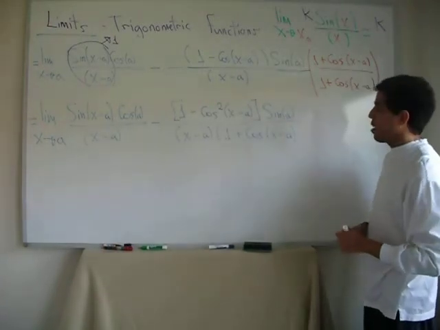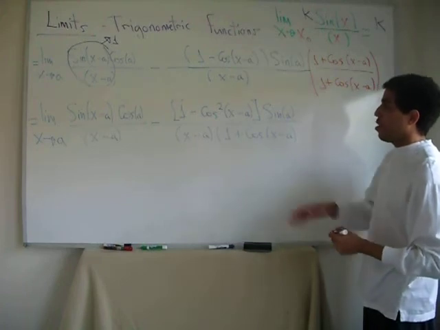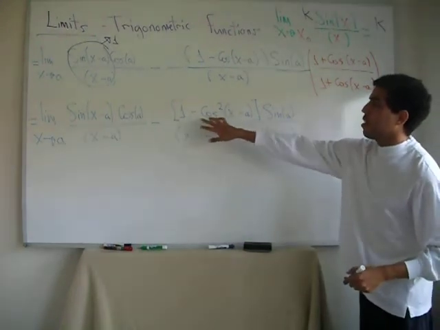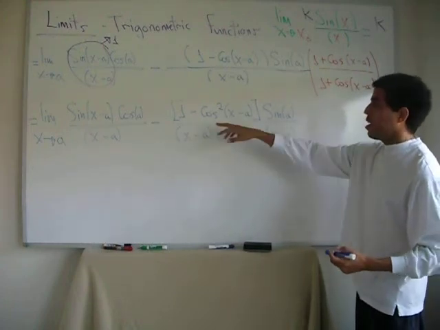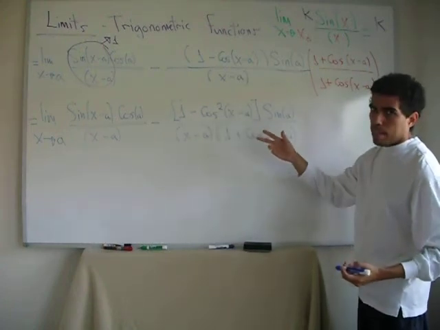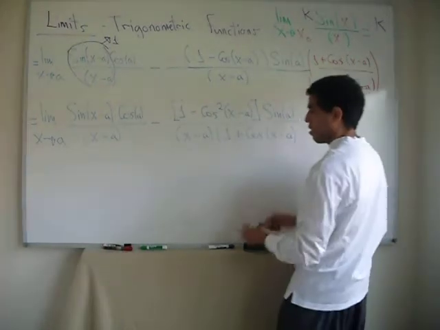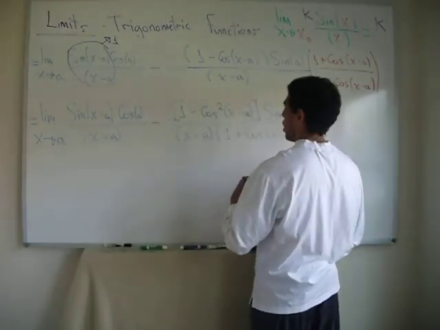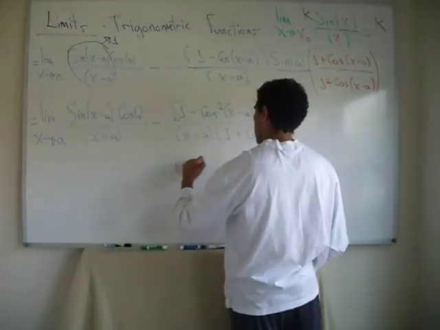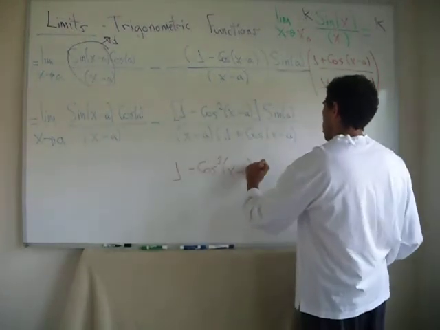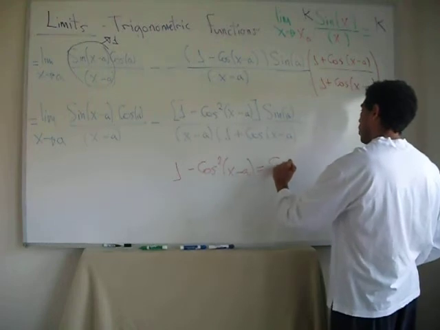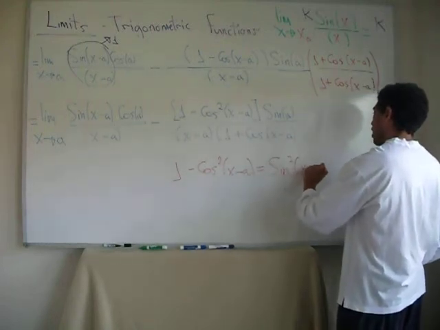Okay? So, what do we do now? Well, this right here, because of the property that I had before, is the same thing as saying sin square of x minus a. Okay? This is equivalent to saying sin square of x minus a.